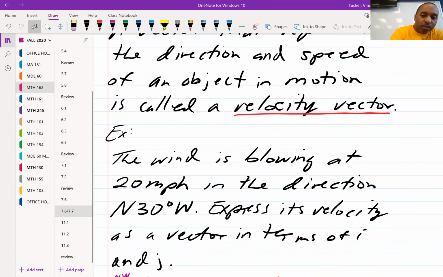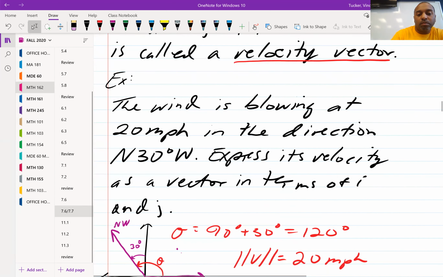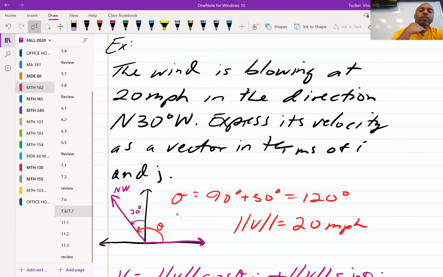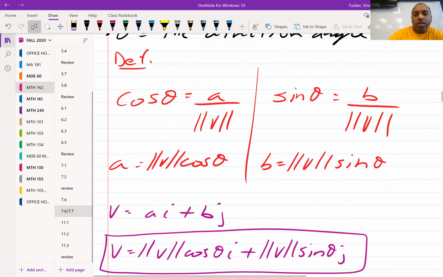Express its velocity as a vector in terms of I and J. So when we look at theta, remember if you go back to what theta represents, what is it?